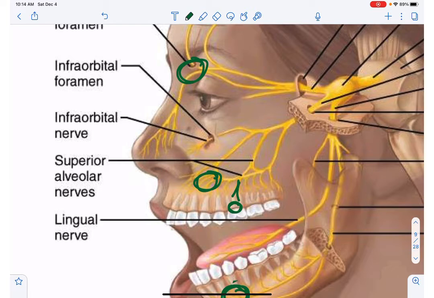And so that's what you're trying to do. You're trying to block, by injecting Novocaine, these different branches of the trigeminal nerve to cut off sensory information from leaving these individual teeth.